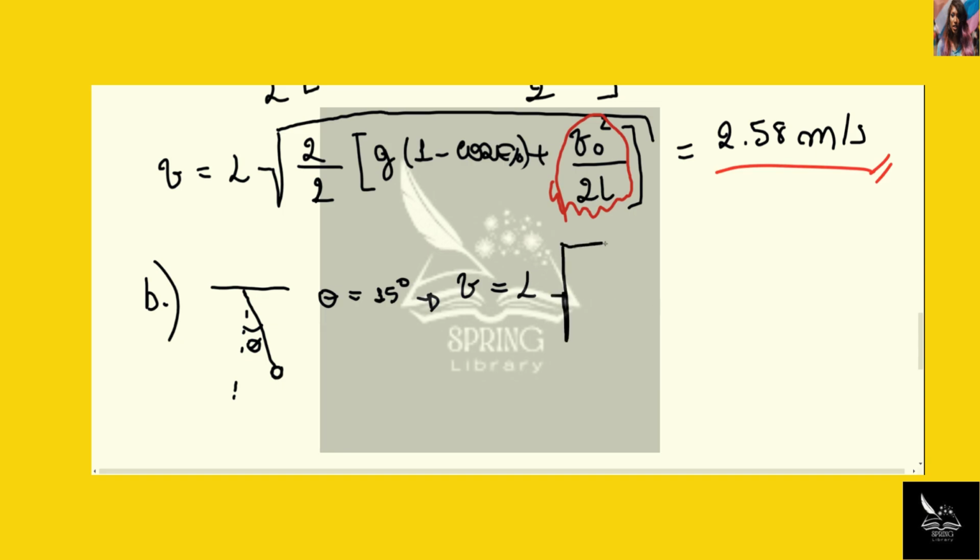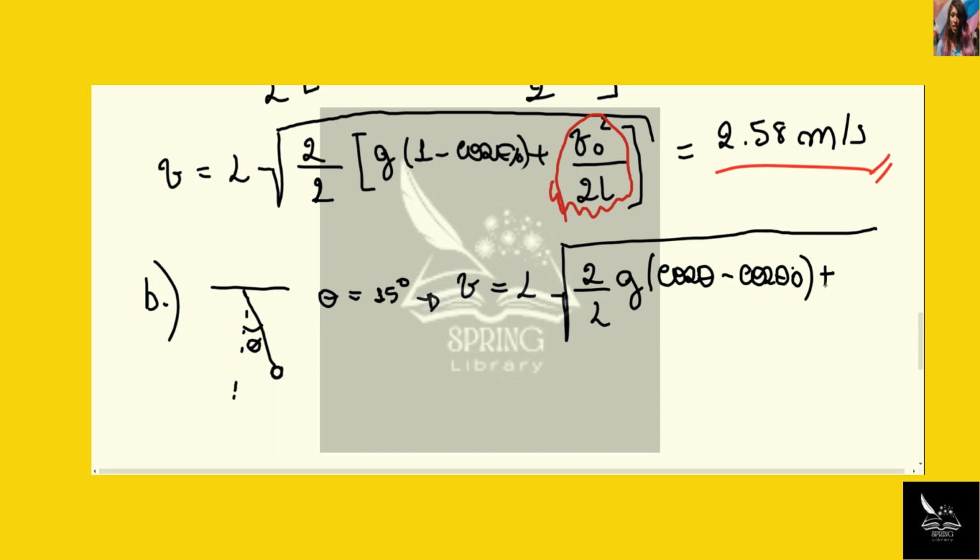So this case is going to be, so we found it to be 2 divided by L times G times cosine of 15 degrees minus cosine of 30 degrees. Okay, and now we're going to add the extra term coming from the initial velocity, V0 squared divided by 2L.